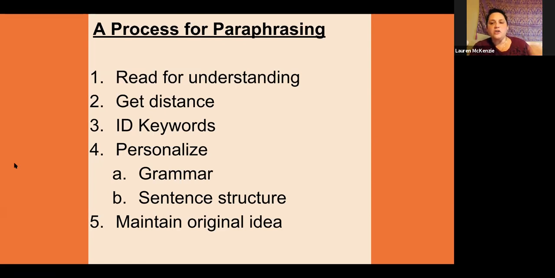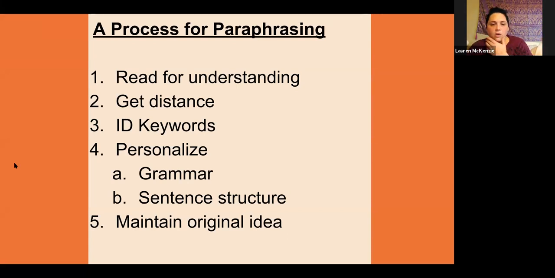Then I start to personalize it. That means I start to write it in my own words, using those synonyms and finding ways that I can make changes to the grammar. For example, I might want to use active voice or passive voice, depending on what the original uses. And I might want to change the order of words within a sentence. I can do that by making more complex sentences, using relative pronouns, that, this, then.